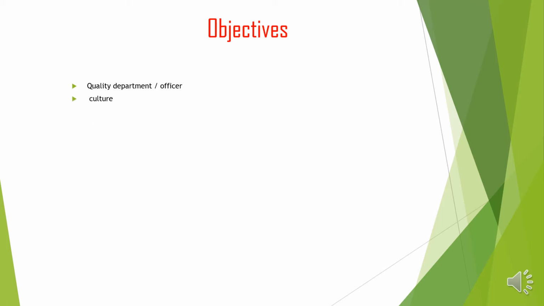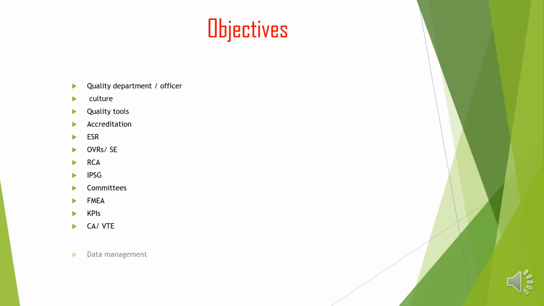We will speak about the culture, quality tools, accreditation process, ESR, essential safety requirements, OVR, occurrence variance reports, sentinel events, how to do root cause analysis, what the international patient safety goals are, what about committees, what FMEA is, failure mode and effect analysis, KPIs, key performance indicators, clinical audit, VTE program, venous thromboembolism, data management, improvement, medical documentation, and other things we will offer to you here.